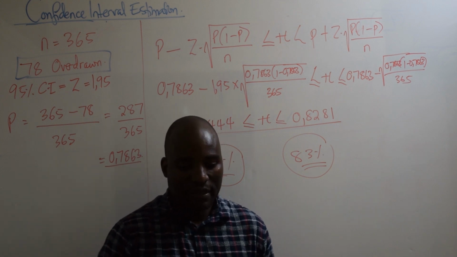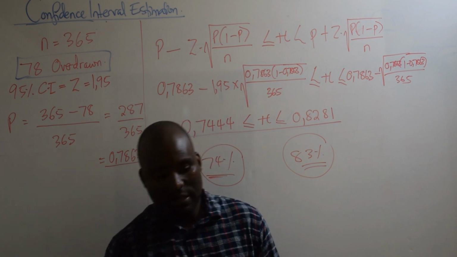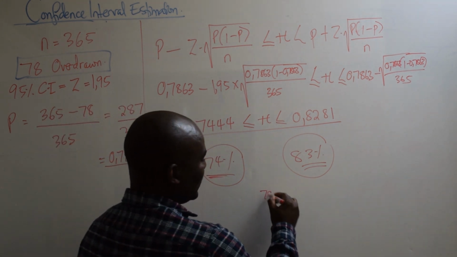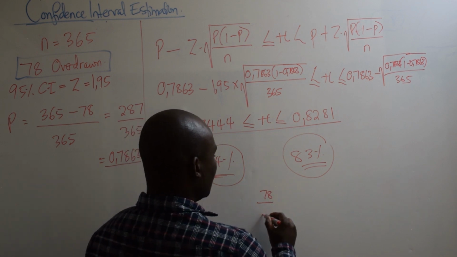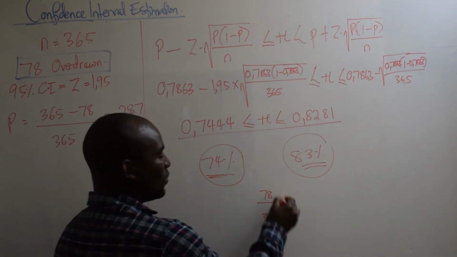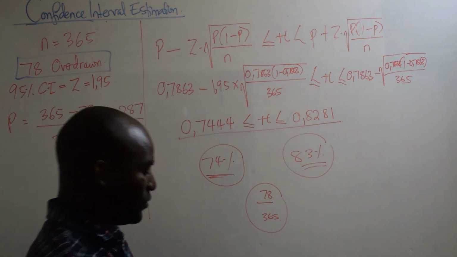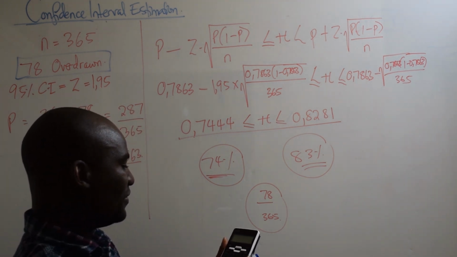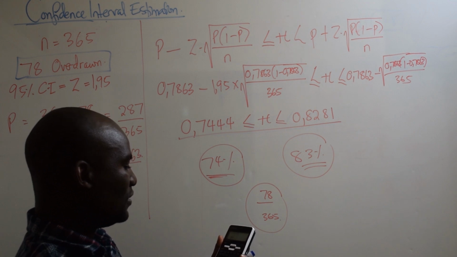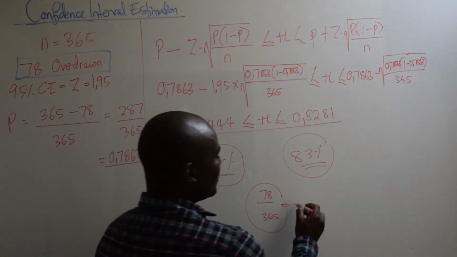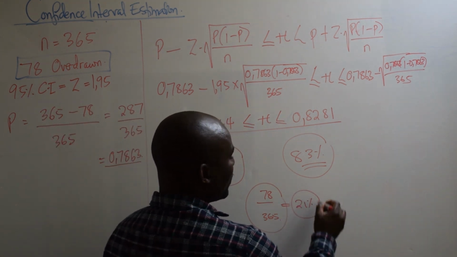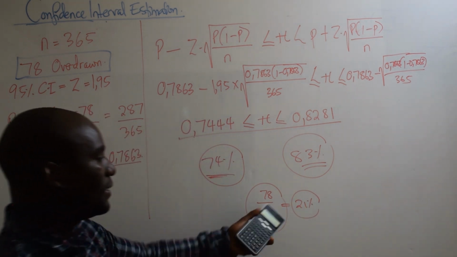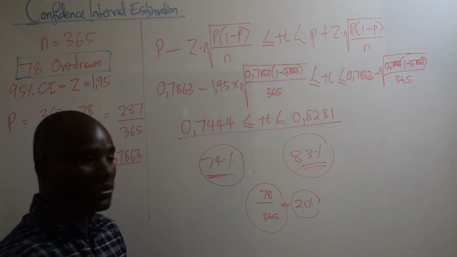This is key because essentially they had given you a proportion of 78 out of 365, which were what? Overdrawn. So if you do that calculation, 78 divided by 365, you get a percentage of 21%. So 21% were overdrawn. So not overdrawn would be about 79% from the original calculation.